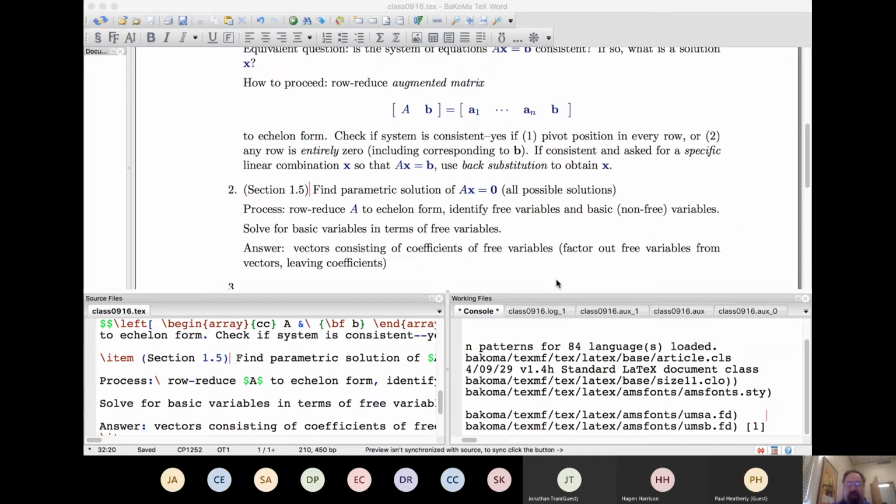Questions so far about either of these two types of problems? Okay.